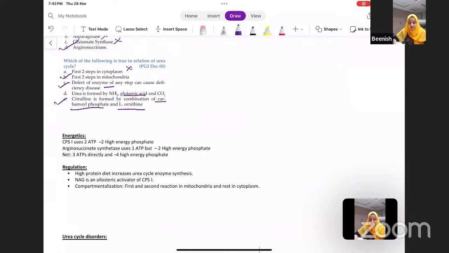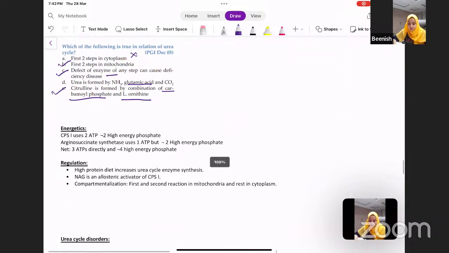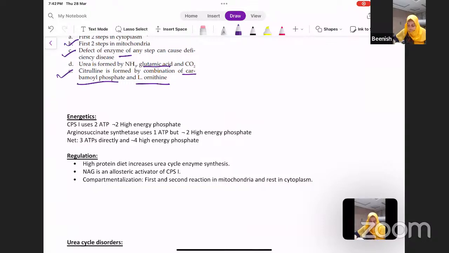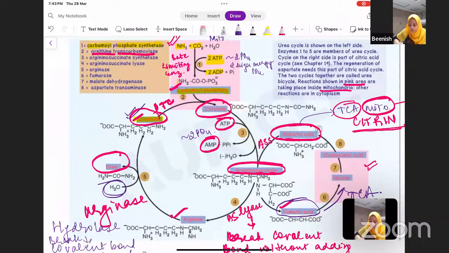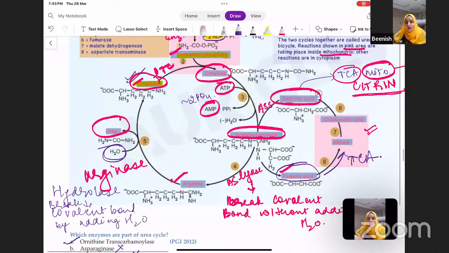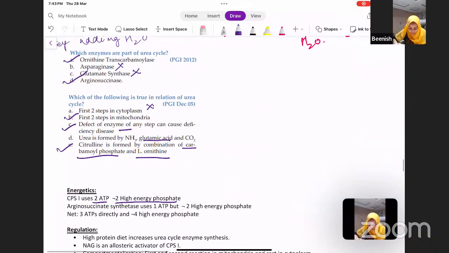Now let's have a look at the energetics of the urea cycle. CPS1, that is carbamoyl phosphate synthetase 1, uses 2 ATP, which is equivalent to 2 high energy phosphates. You can see here 2 ATP were being changed into 2 ADP. So 2 high energy phosphates were being used.